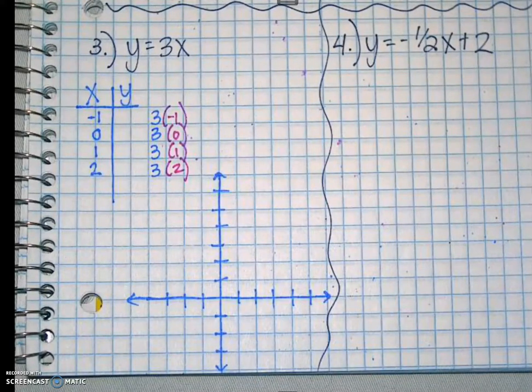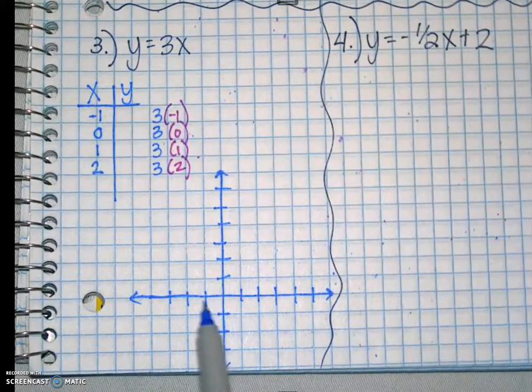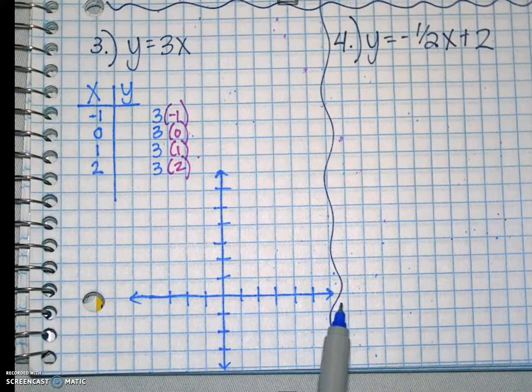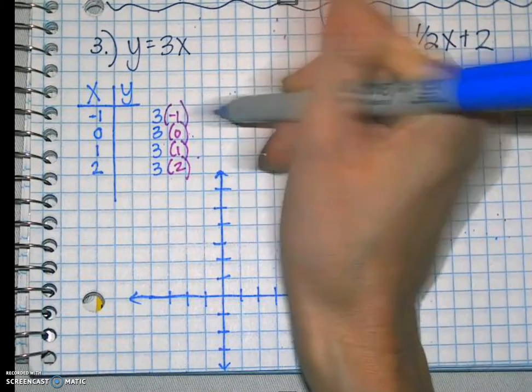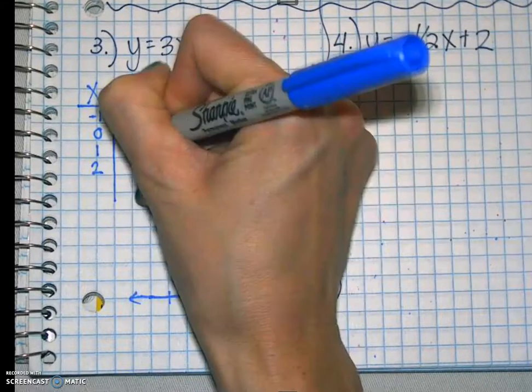Okay? So all I did was plug in the x's where it says x. Now I picked these because they all lie on the number line. You guys can see them. I have -1, 0, 1, and 2. You could pick any x value that goes on there. It doesn't matter.